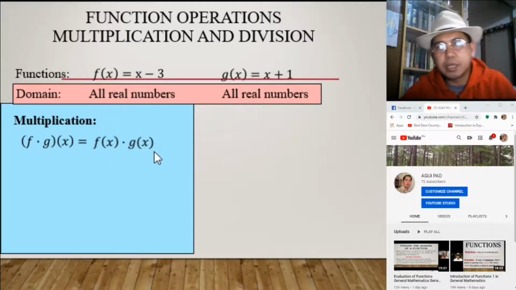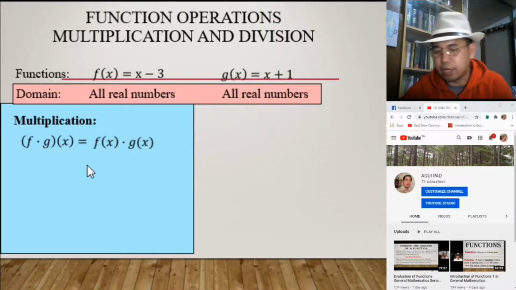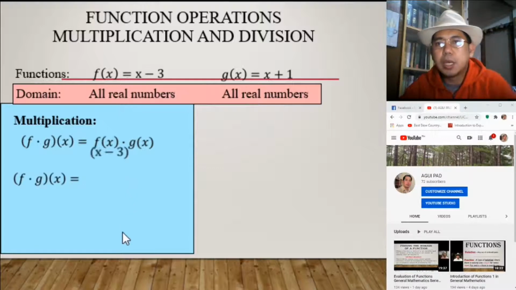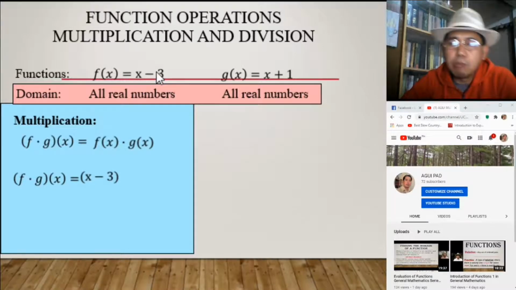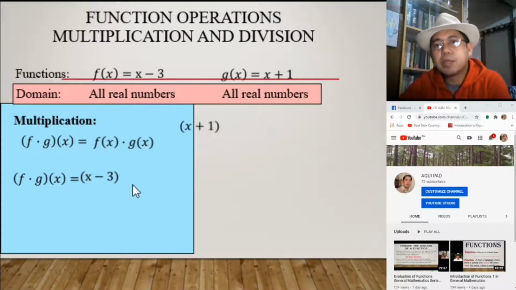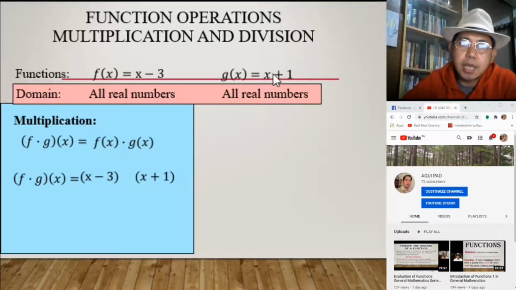So this one is the pattern when we are going to multiply the two functions. So we have in here the definition of f of x, x minus 3, multiplied by the definition of g of x, which is x plus 1.